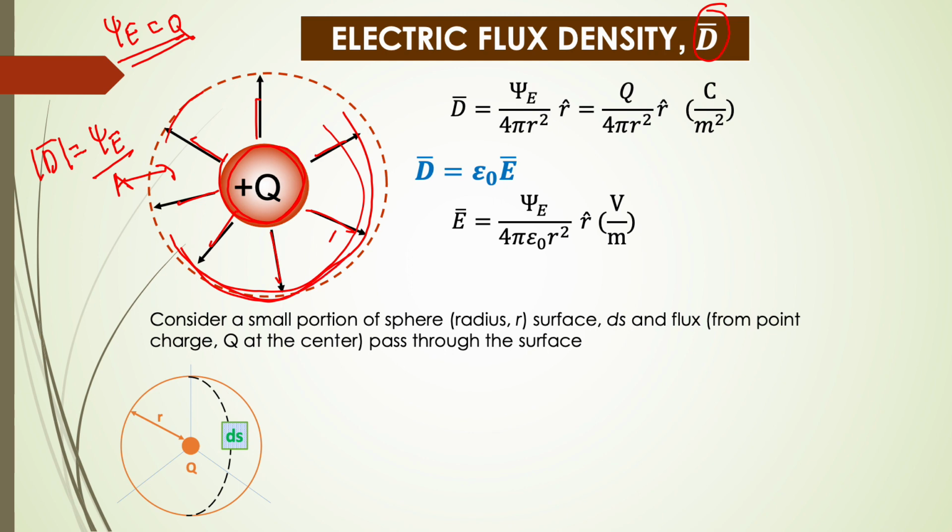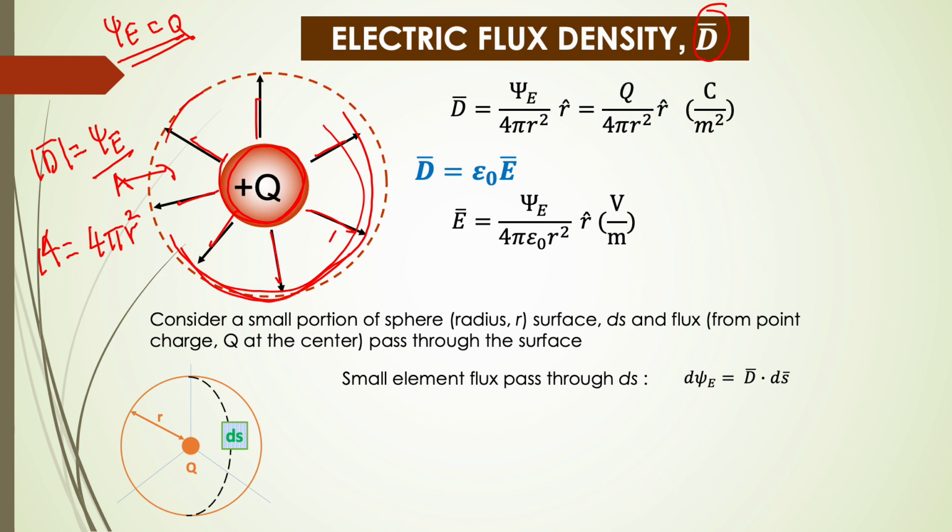So what is A? A is equal to 4 pi r squared, because this is a sphere. The area is 4 pi r squared.